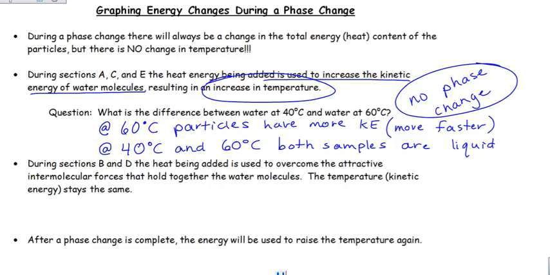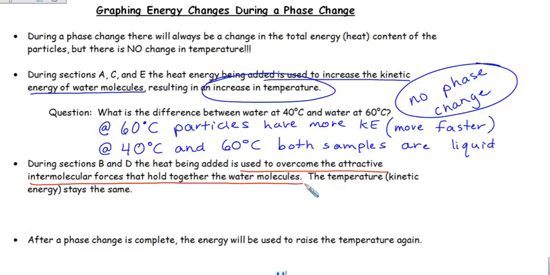The energy that's being added, this is really important, is used to overcome the intermolecular forces that hold the particles together. We're doing a phase change, and a phase change does require energy, but it's not being used just to make the particles dance around faster. That would be kinetic energy, and then we would see the temperature change.